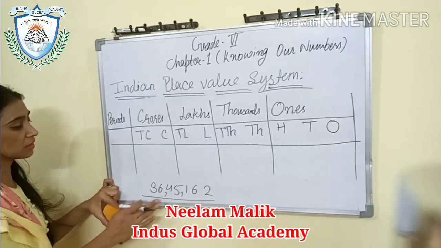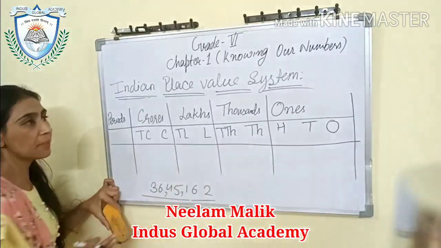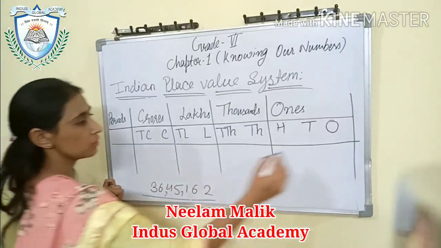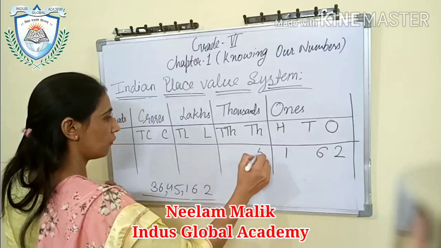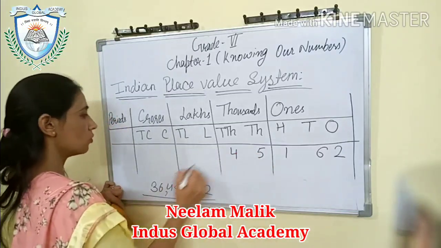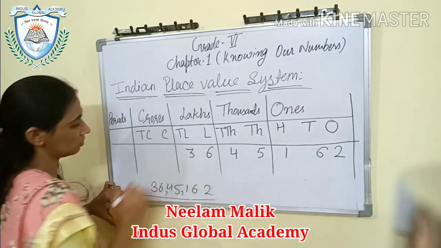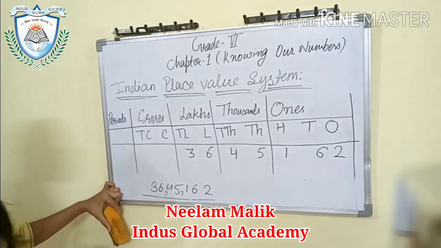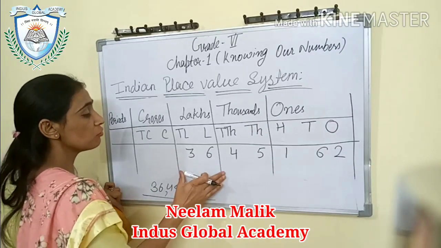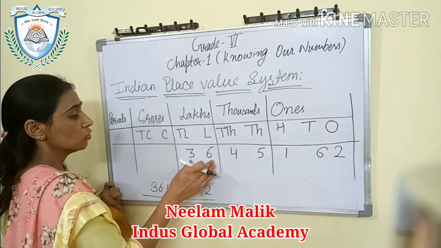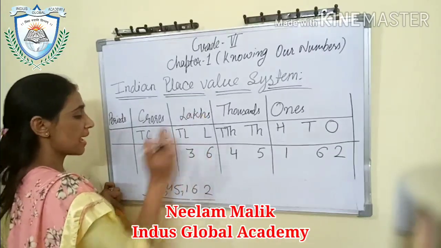If you will read this, write this number in your place value chart from the back. From the back side, 2, 6, 1, 5, 4, 6 and 3. So how to read this number? This is 3, 6. This is in lakhs period. So you will say 36 lakhs.